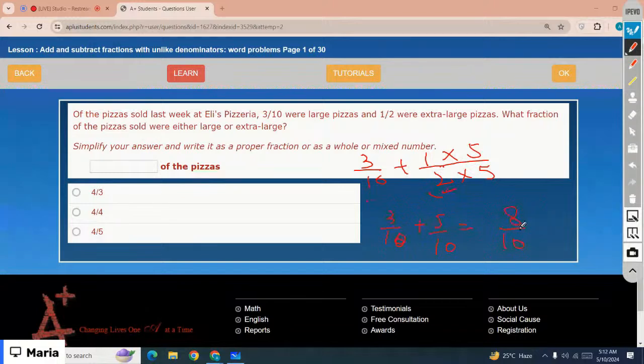Divide by the common divisor, that is 4 over 5. The correct option is 4 over 5. Got it? So option number 3 is the correct option.